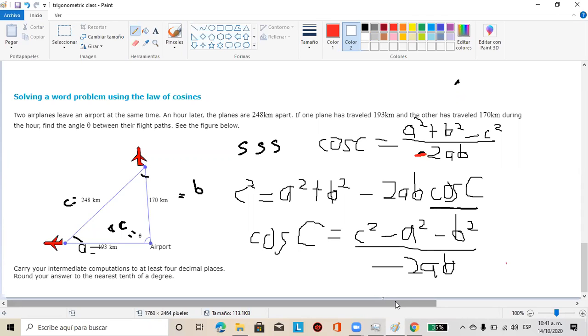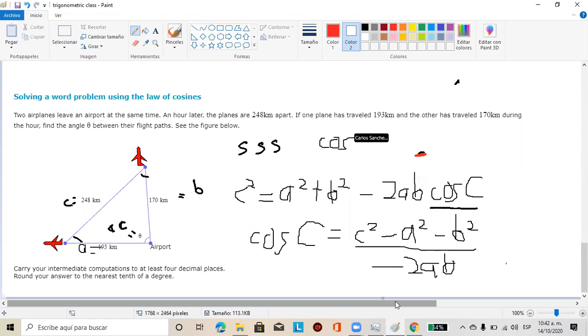Wait, let me erase this. Okay, so it will be this way.